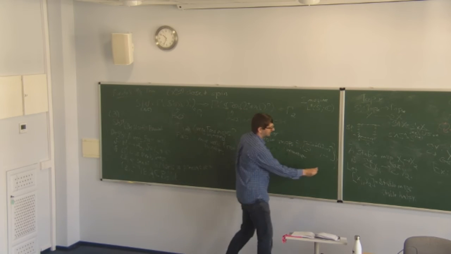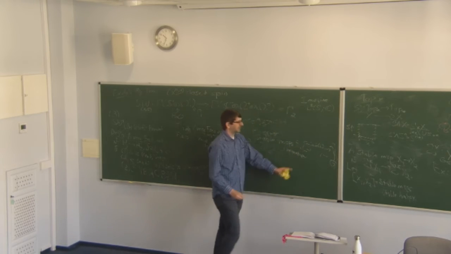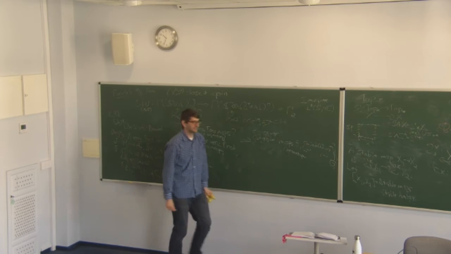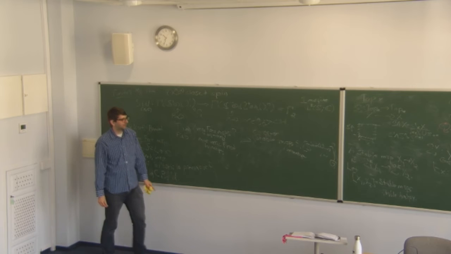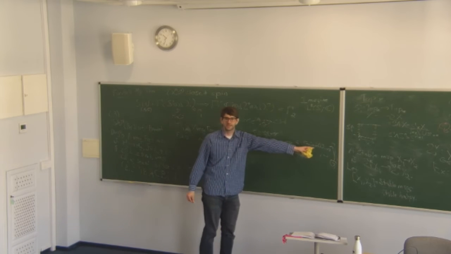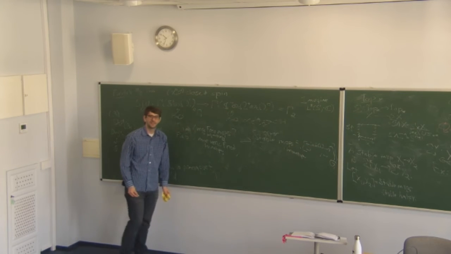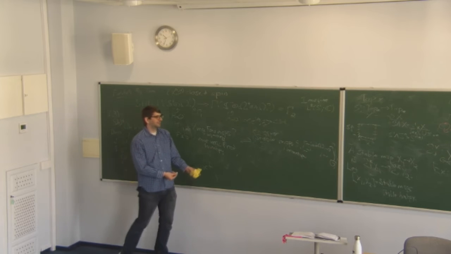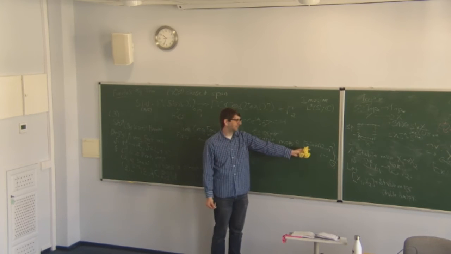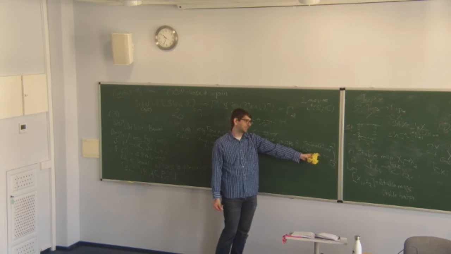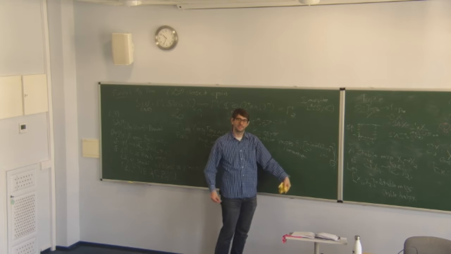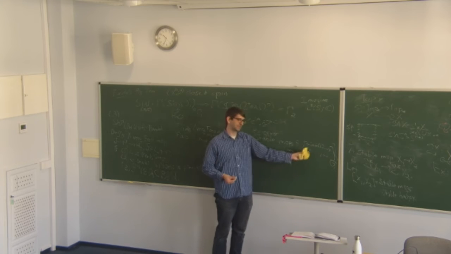So I should have said sub G. That means to consider the space of G equivariant stable homotopy classes instead of just ordinary ones. And remember that index of L was supposed to be some kind of representation. So at first, this looks a little bit surprising because you might say there's not really any maps from a big sphere to a zero-dimensional sphere. But remember that these are only stable maps, so they don't have to show up immediately. You could have to suspend a bunch of times before you actually see the map.